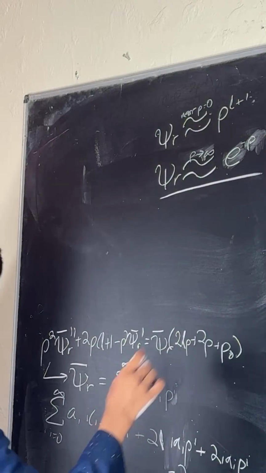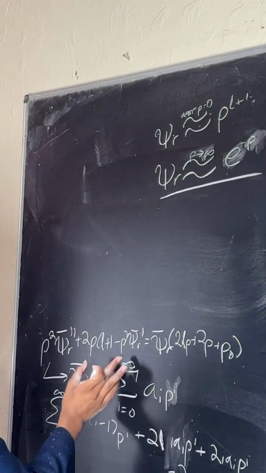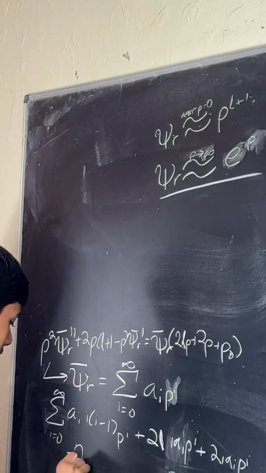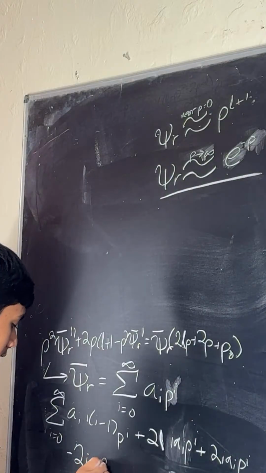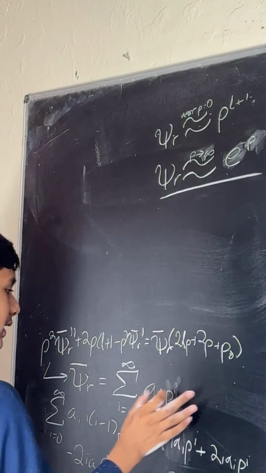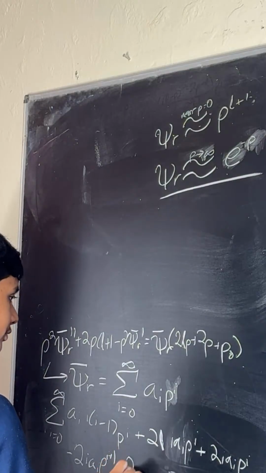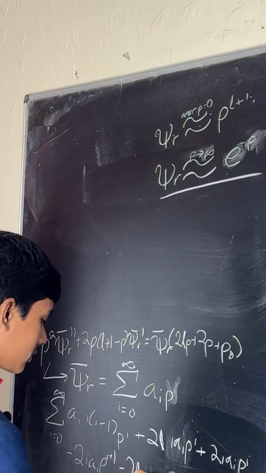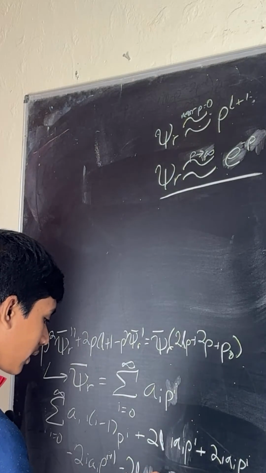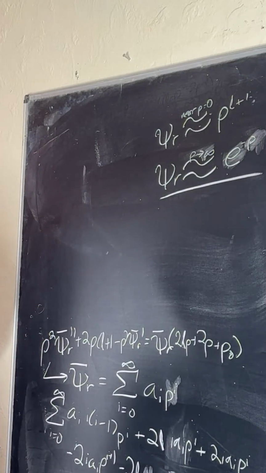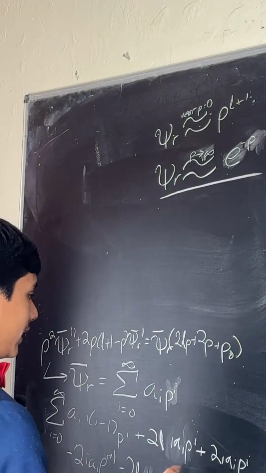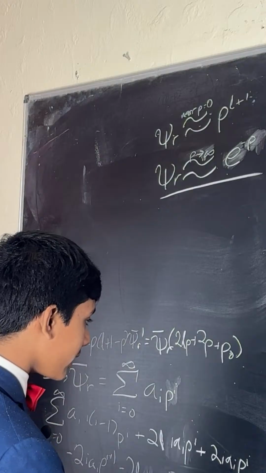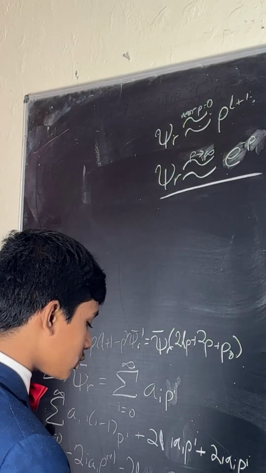Now we have the term on the other side. Well, we're going to bring it back this way. So minus 2L A I rho to the I plus 1, and then plus 2 A I rho to the I plus 1.